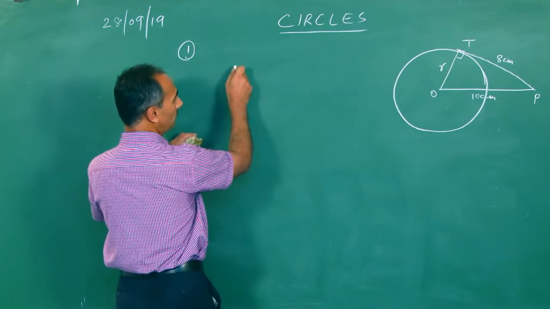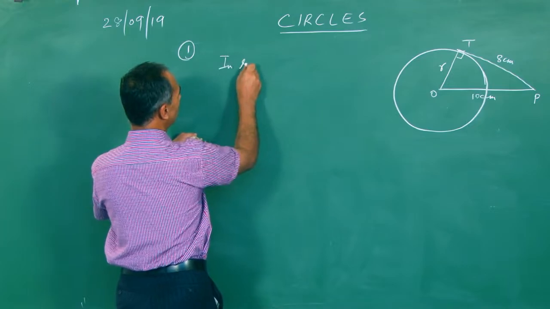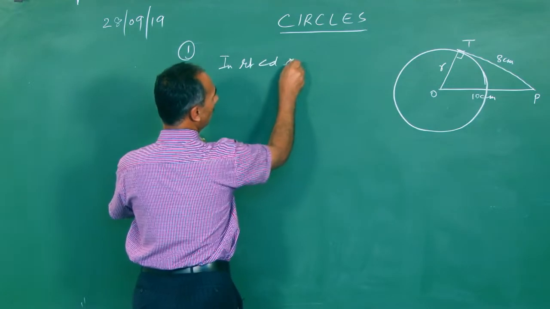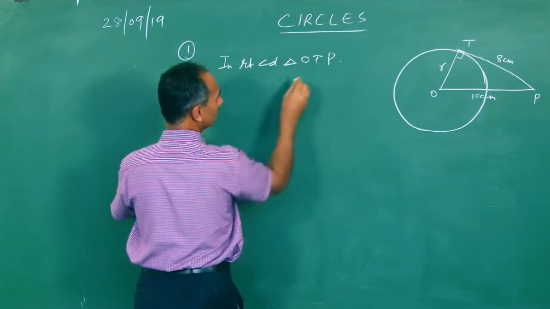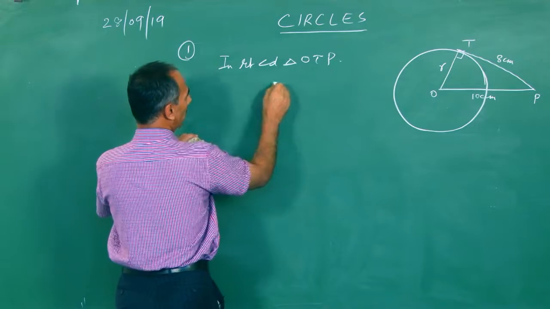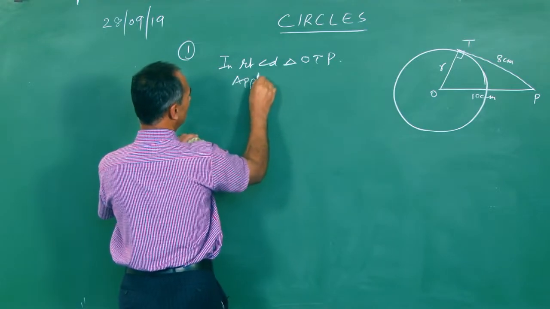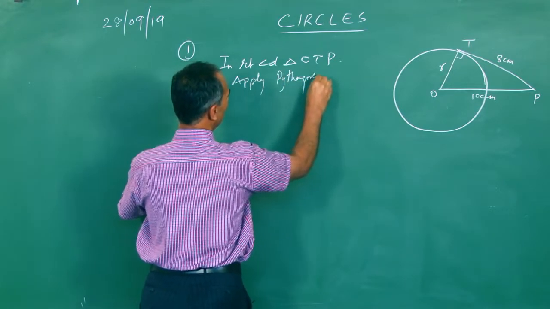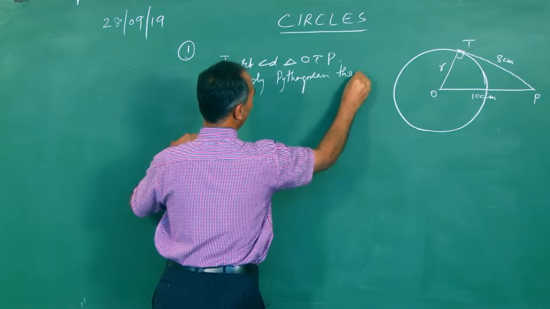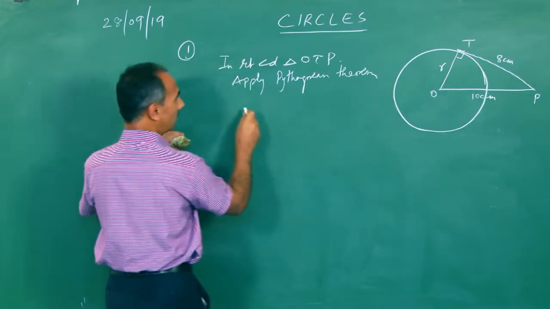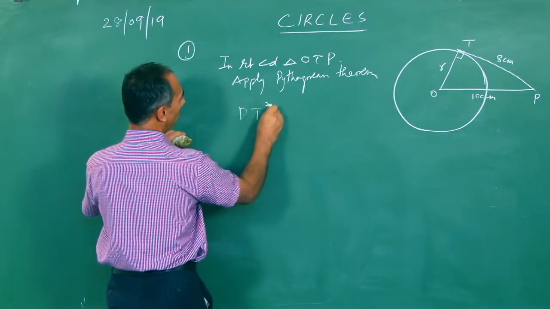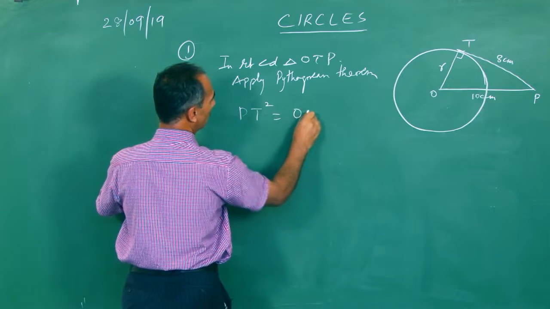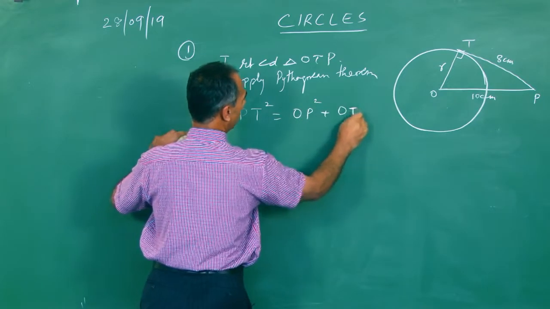So simply you would say, in right angle triangle OTP, apply Pythagorean theorem or Pythagoras theorem, whatever you want to call it. It says that PT square is OP square plus OT square.